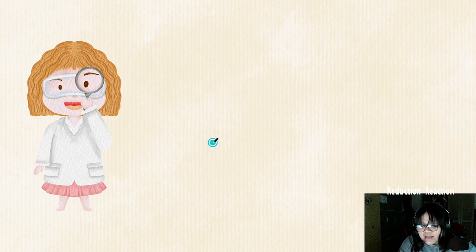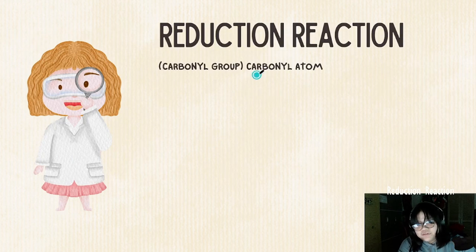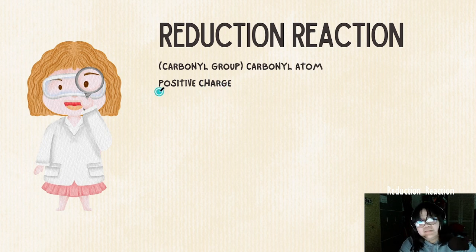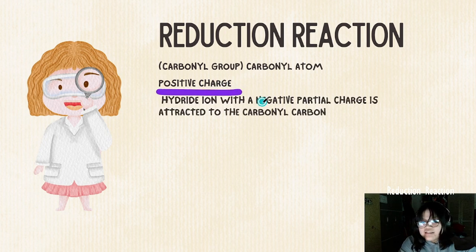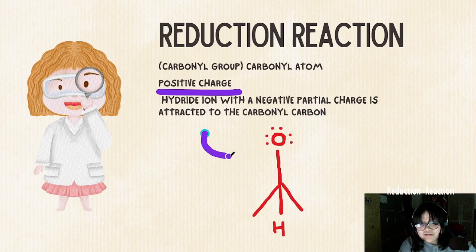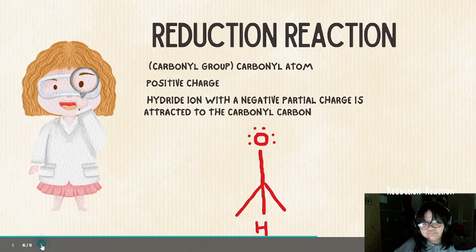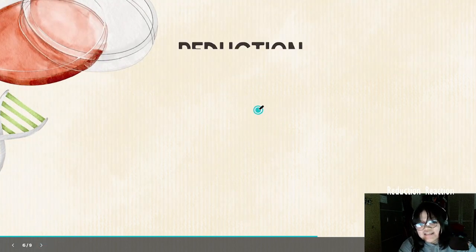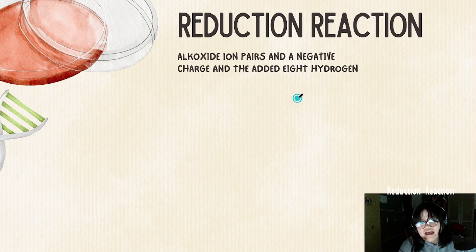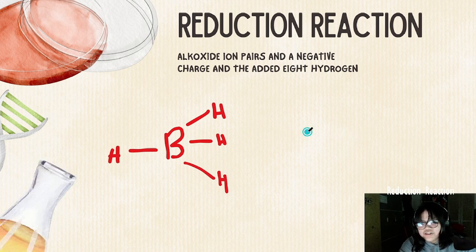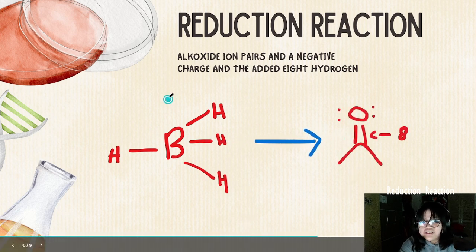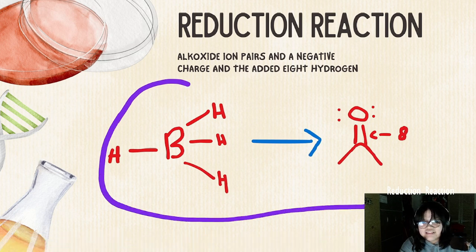Now, the carbon atom of the carbonyl group contains a partial positive charge, and so this hydride ion with a negative partial charge is attracted to the carbonyl carbon. So this is the drawing. It attacks it, and this is going to give us an alkoxide, which has 3 lone pairs and a negative charge, and the added hydrogen. So here's the drawing.